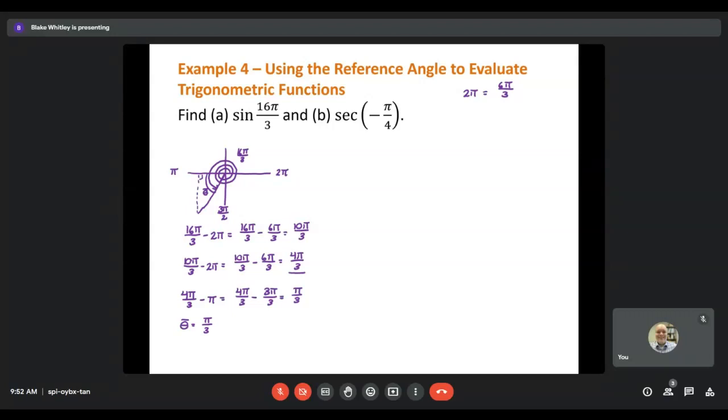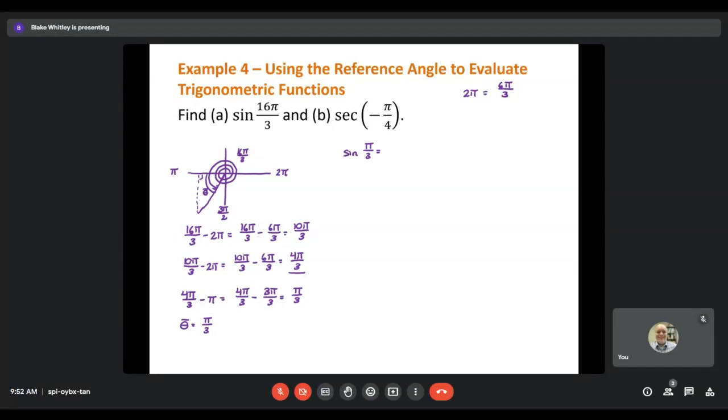Now, once we have that reference angle, we're home free, right? We know how to find the sine of that. Then we just think about the quadrant. We make it positive or negative based off the quadrant, and we're good. So let's find the sine of pi over 3. Again, we're just going to go to our chart to help us find that.